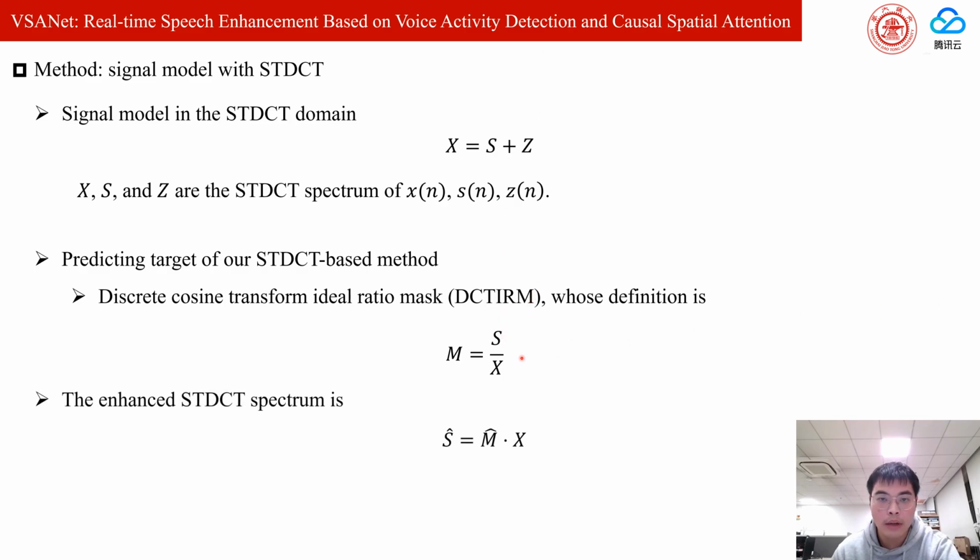Once the neural network outputs a predicted DCT IRM as M-hat, the enhanced STDCT spectrum S-hat can be derived by multiplying M-hat with the noisy spectrum X. Finally, the enhanced speech can be obtained by ISTDCT.